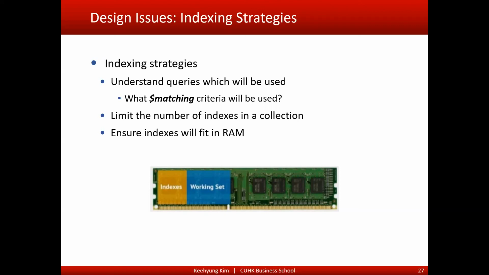Also, you have to limit the number of indexes in a collection. So too many indexes is not good. And also the last point is this: you have to ensure that the index will fit in the RAM. Sometimes, let's say that you have a certain document in MongoDB, and a certain field may have very long or large information.